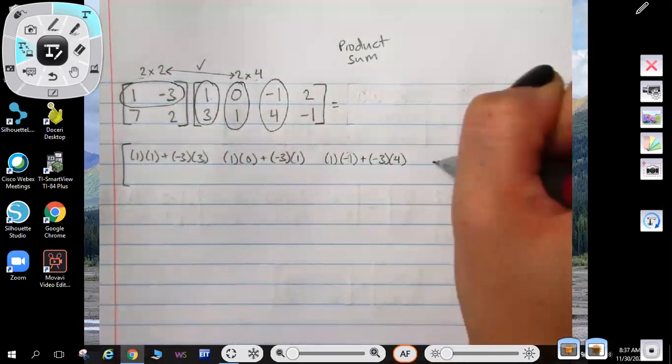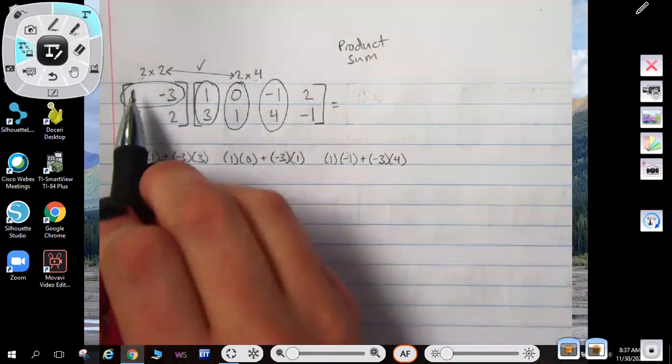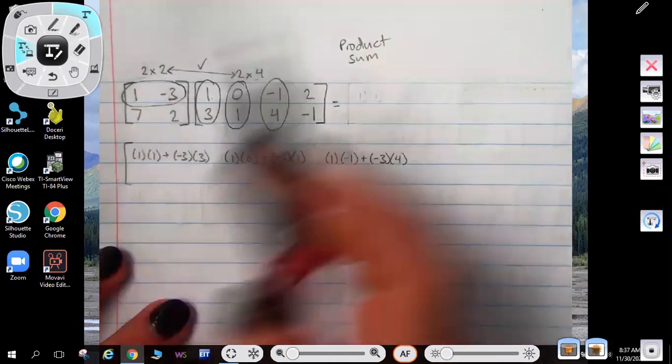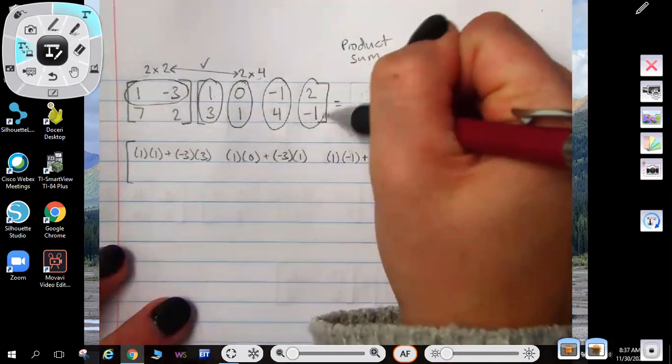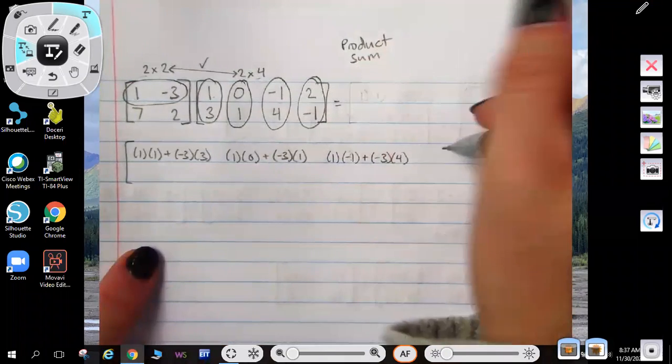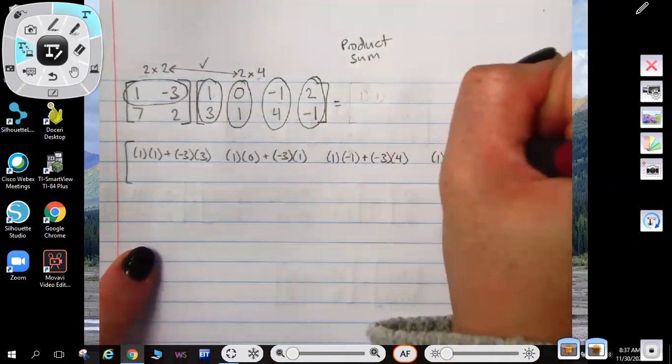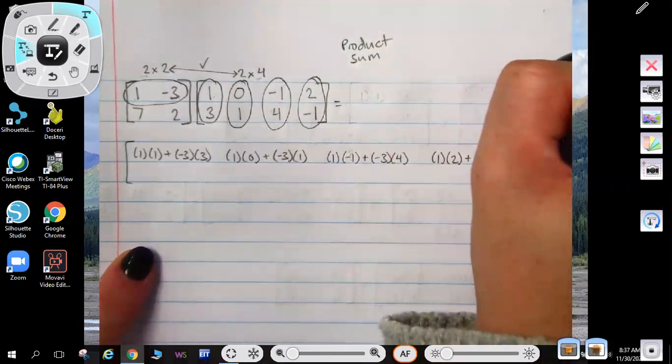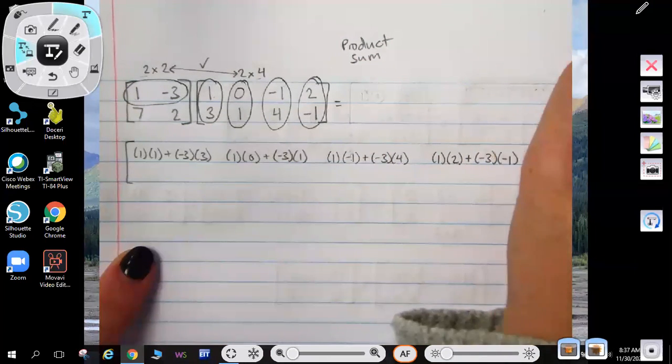First row, fourth column. So we're still using 1 and -3, the first row, but now we're using the fourth column of our second matrix. 1 times 2 plus -3 times -1.